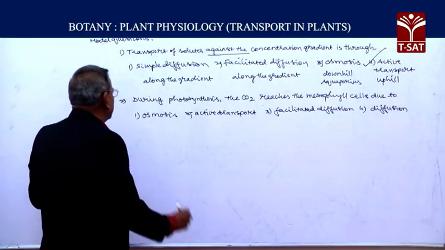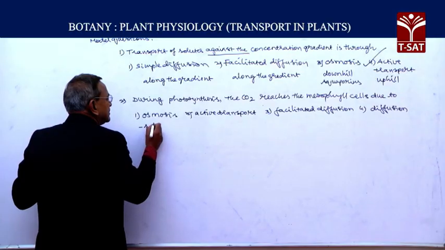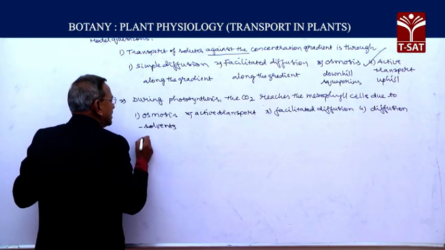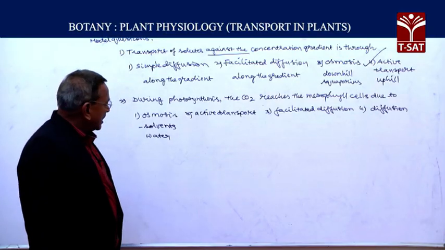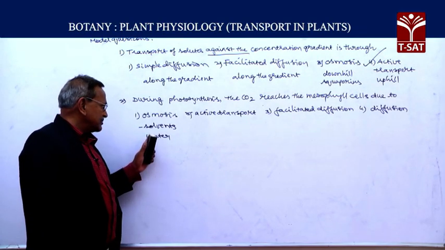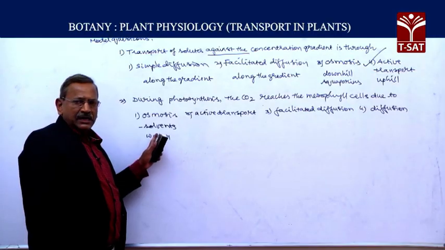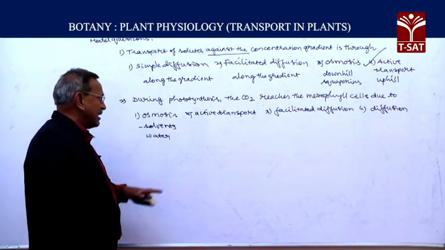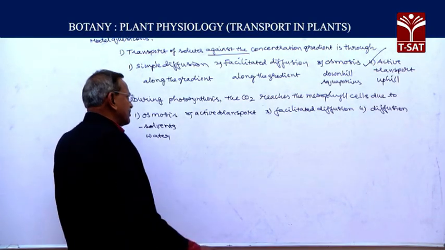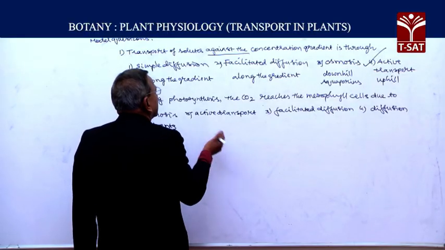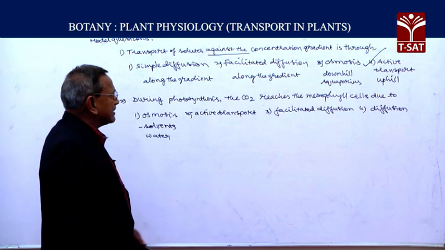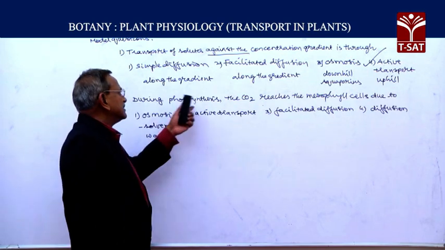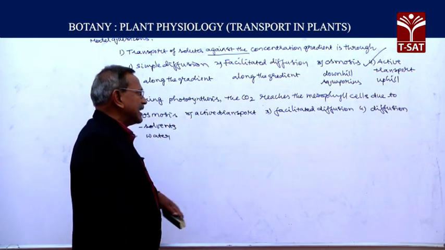Osmosis is normally for liquids and solvents, and the universal solvent is water. So the osmotic movement normally represents entry or exit of water into the living cell. As for active transport, this is for solutes against the concentration gradient, and there is no such thing involved here.